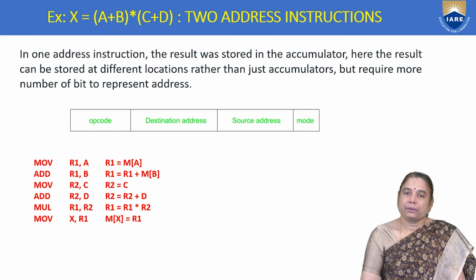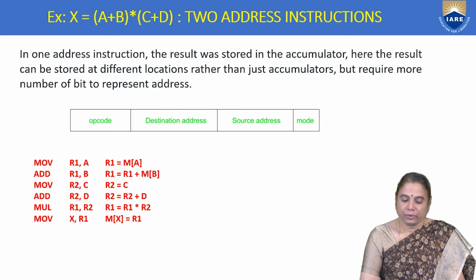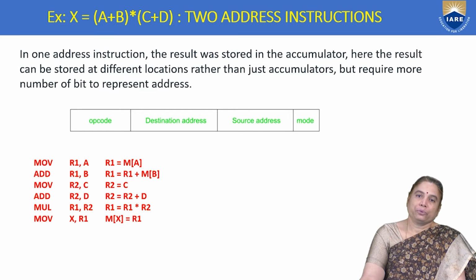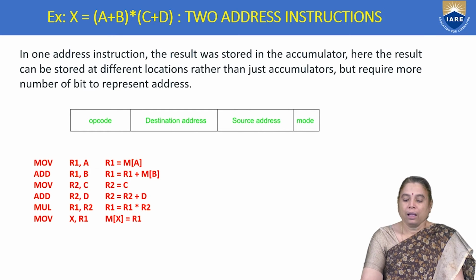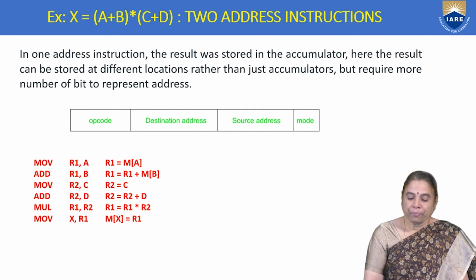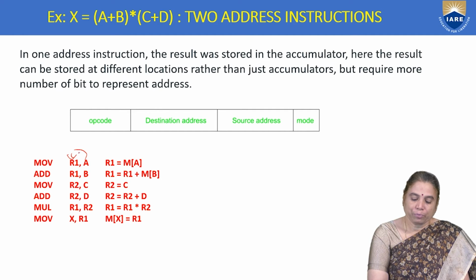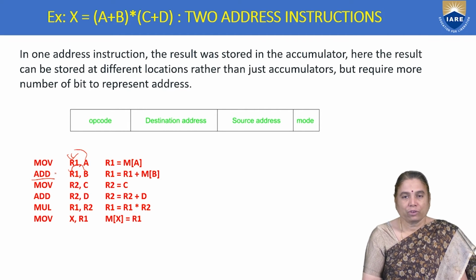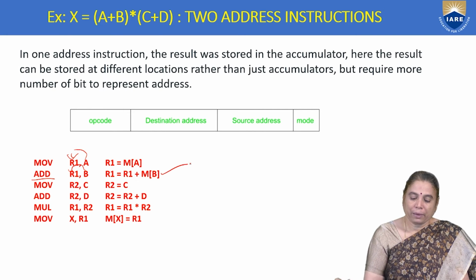Next is the two address instruction, which uses registers. Here, the opcode and the registers are used to hold the operands. First, move A to R1. Then add B with R1, where R1 holds the A value, so that A plus B is performed.